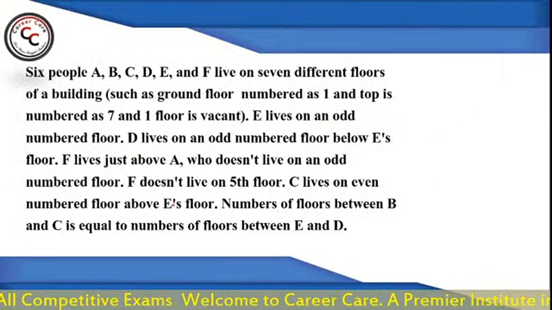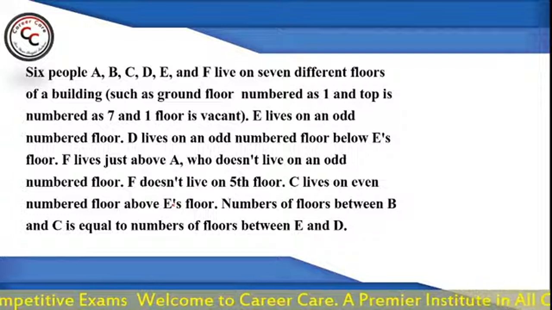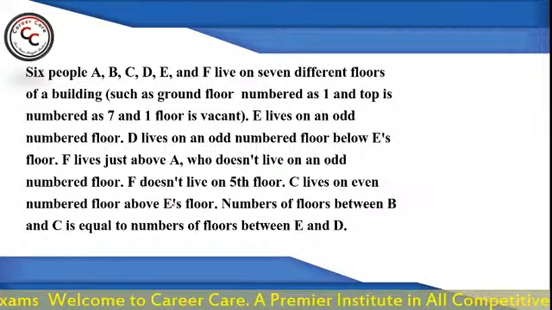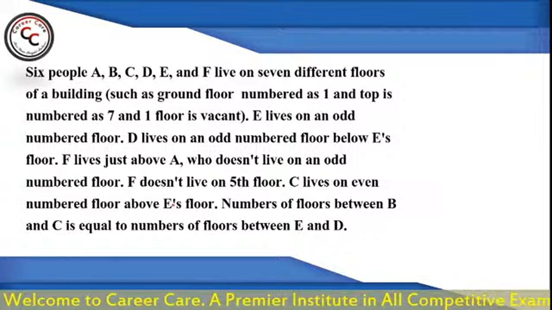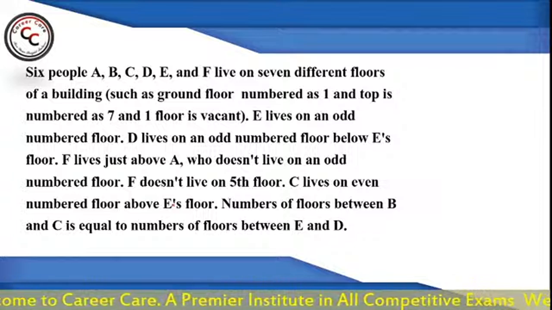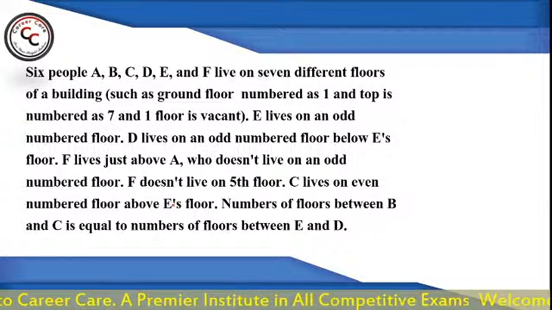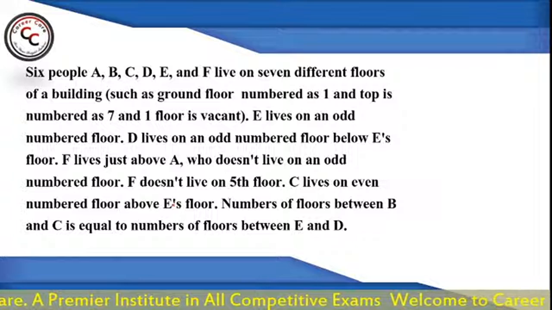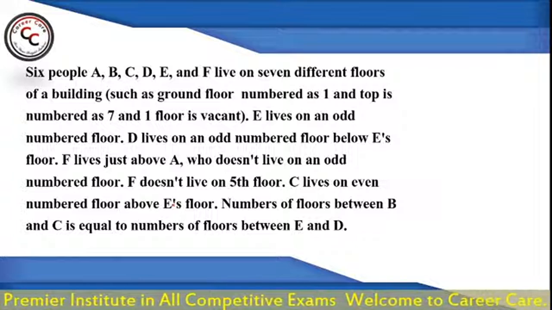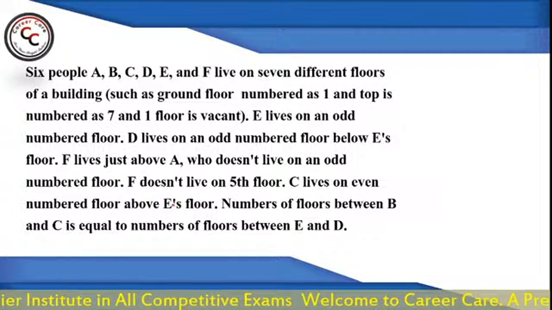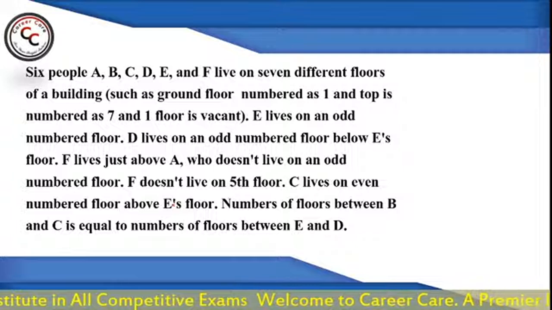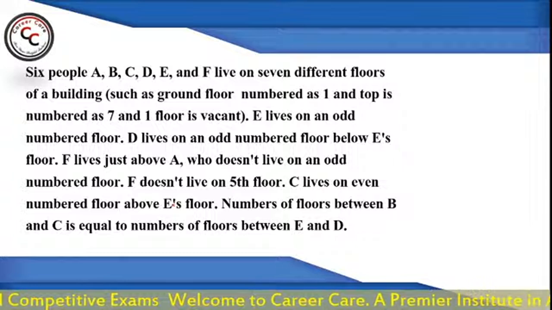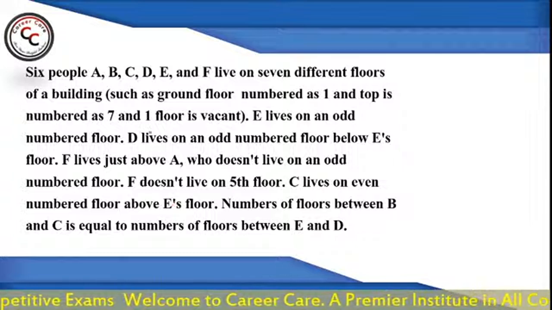Similarly, next question. Look at this very interesting question which I have brought you in today's session. So here, 6 people live on 7 different floors of a building, such that the ground floor is numbered as 1, the top is numbered as 7, and 1 floor is vacant.